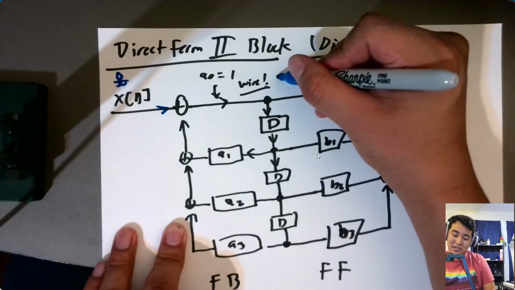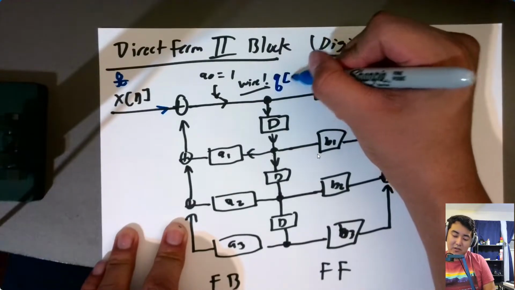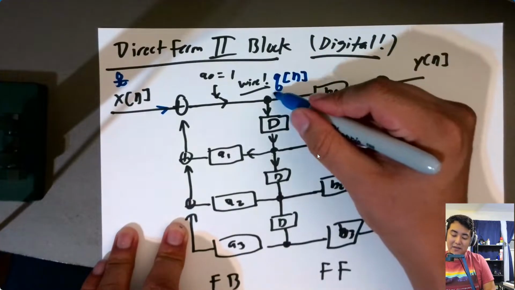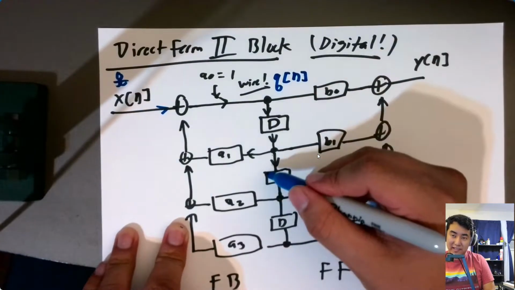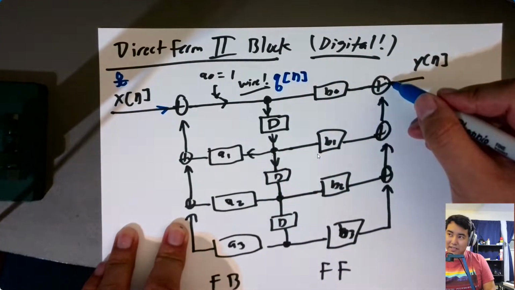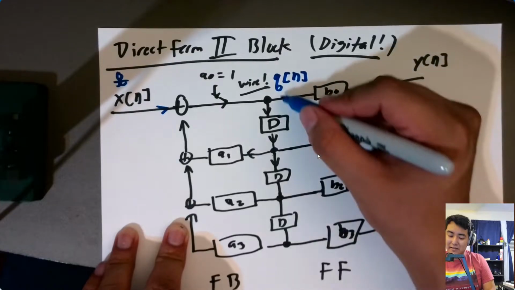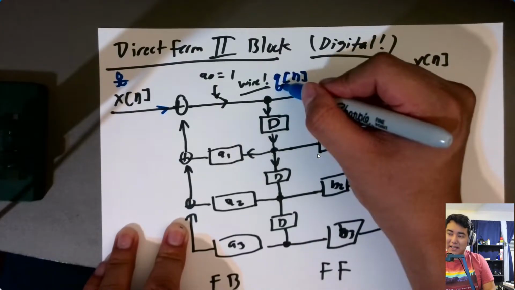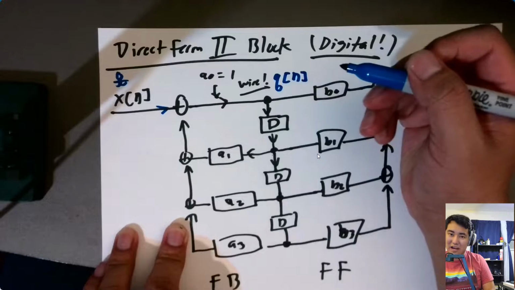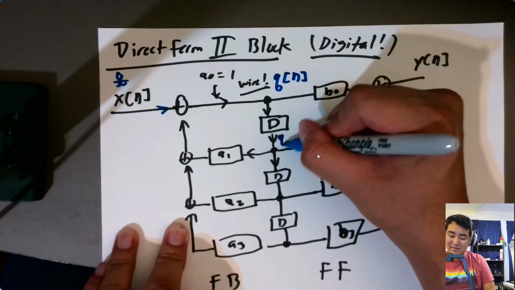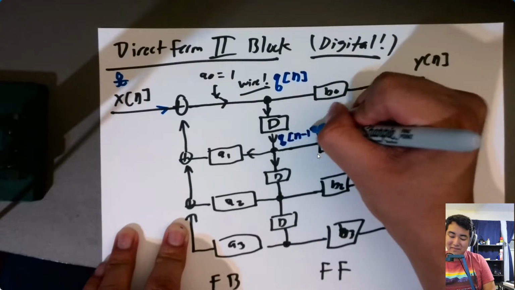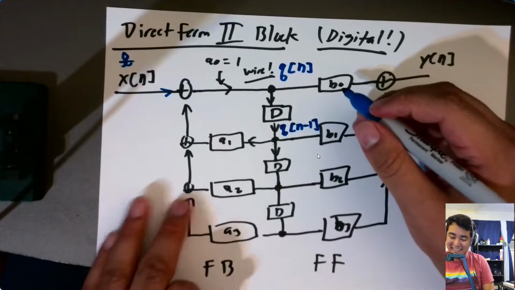Let's call this wire Q. Okay, Q of n. And now this Q of n goes through this delay and also goes through here. If I were to throw this Q of n into this delay, what's the output? Trivial?